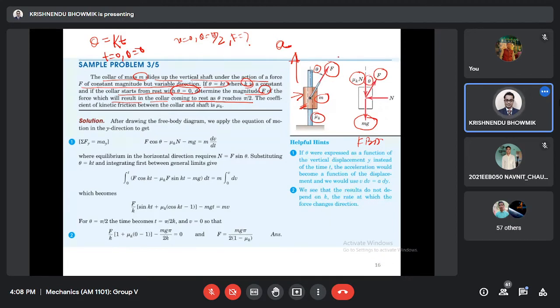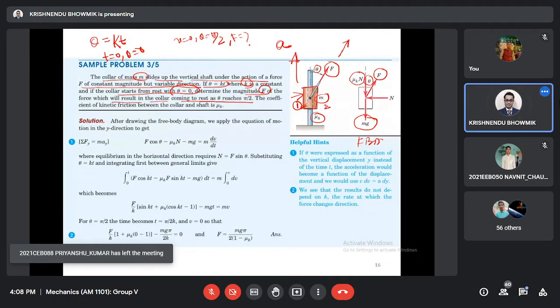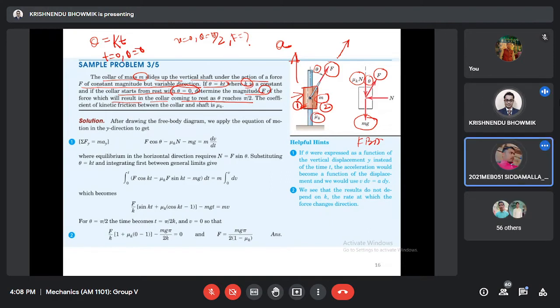If you are pulling the collar like this, then in which direction will contact happen, one or two? If you pull along that upward direction, which case is the contact supposed to happen?